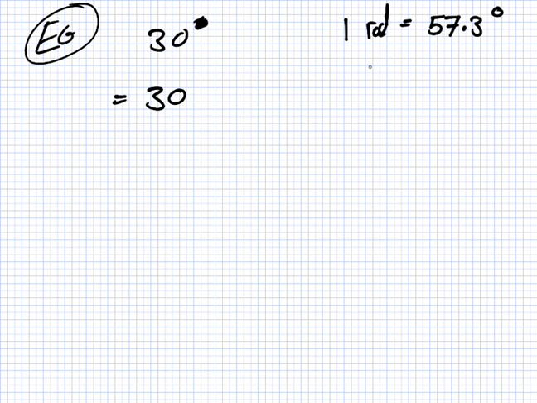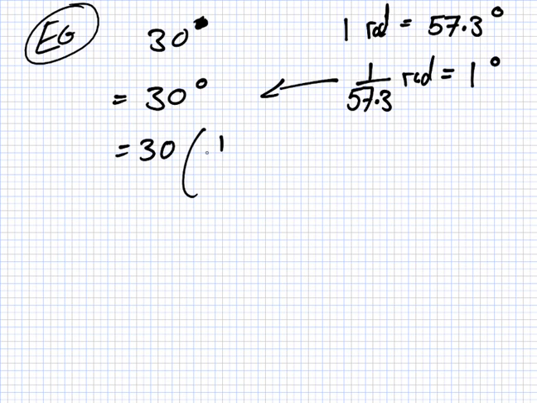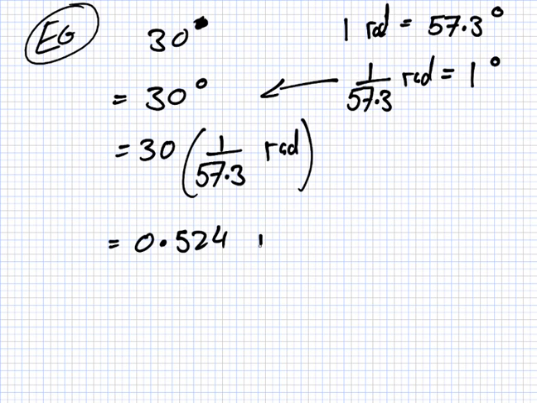So you can say 1 over 57.3 radians equals 1 degree. Can you see what I did there? So I can put that in here and say that's 30 over 57.3 radians. What is that? 0.524 radians.